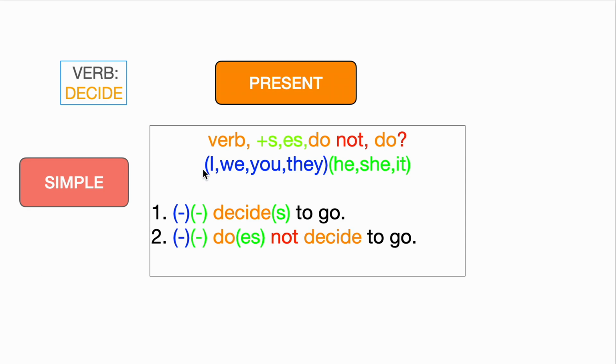The same, I do not decide, but he does not decide to go. And then the question, do or does comes first. Do we decide to go, or does he decide to go?